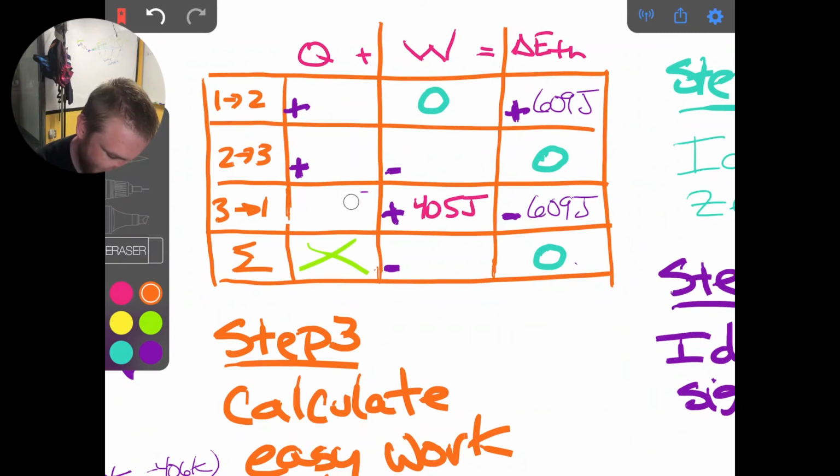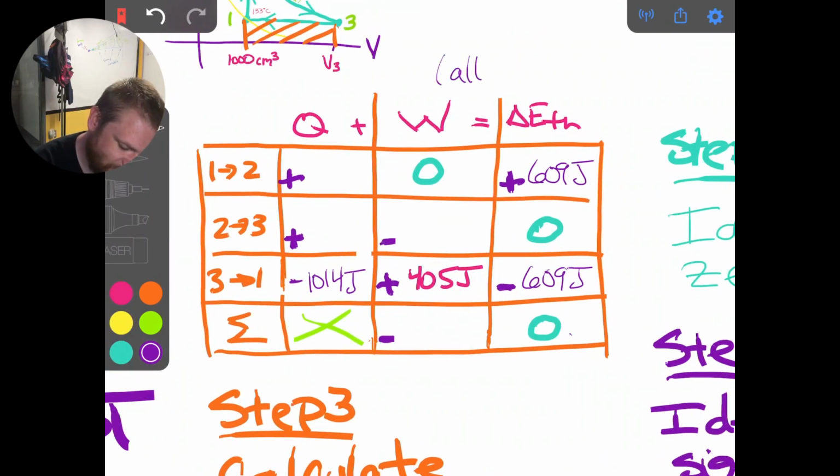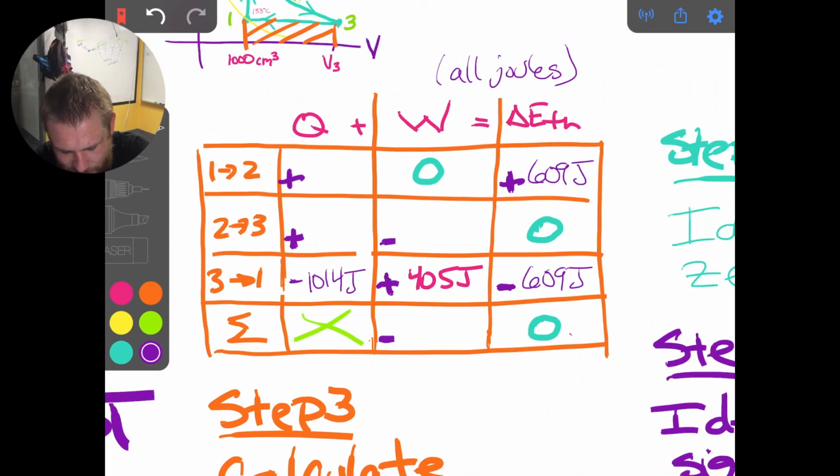Let me write this just to be a little clearer with the sign in situ. Okay, now another thing we can do is write all joules up here so we don't have to carry these J's around in every box, but we do have to make some note of the units. All right, so unfortunately in this particular problem, we need a calculator equation, which would be the work, which is a natural log.